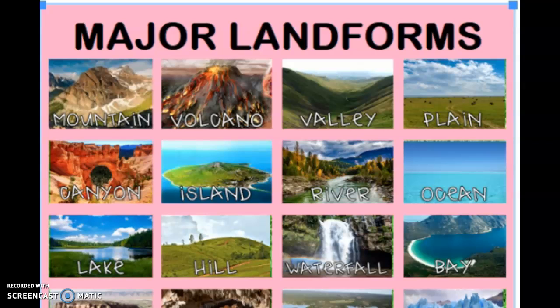So let's just check out this chart to explore some of the landforms around the world. The first one that I want to cover is mountains. Mountains are really well known by you guys, I'm sure. And mountains are just really big hills with deep sides that stretch way above the surface of the earth, right?